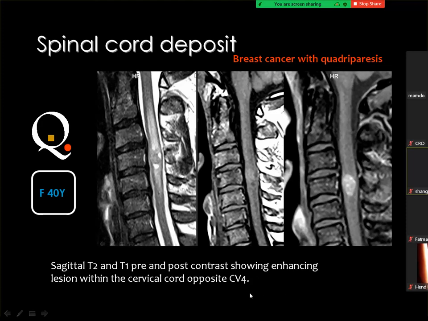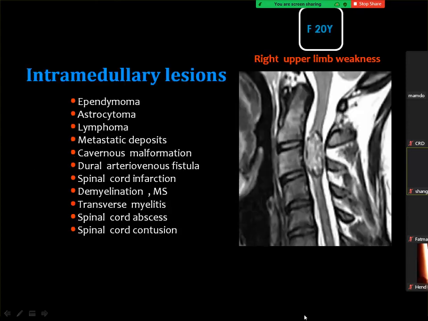And then if you are asked what this lesion should be, you may say that this may represent an ependymoma because the patient is adult and the lesion is localized. But if you know that the patient had a breast cancer, you can diagnose at that time the possibility of metastasis. This is the differential diagnosis of intramedullary lesion.